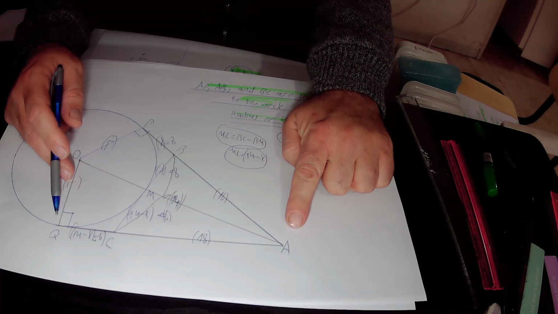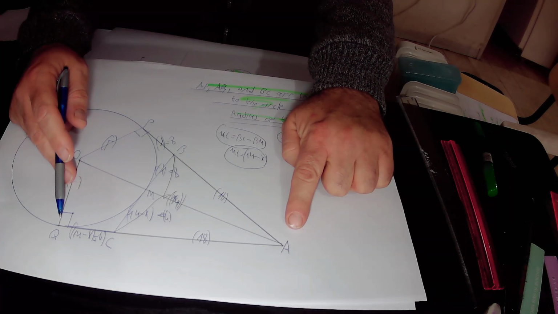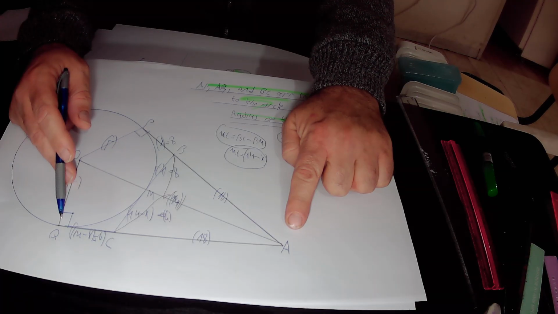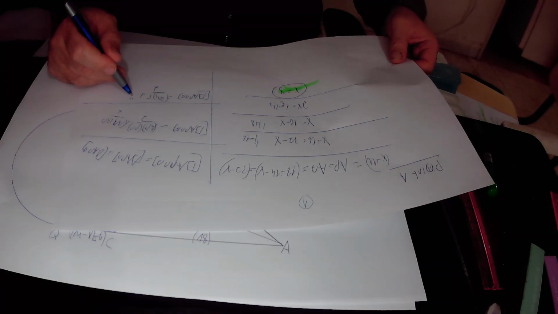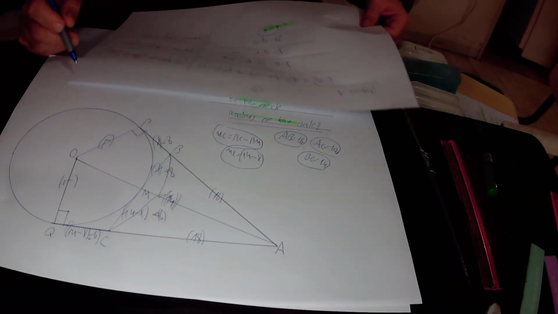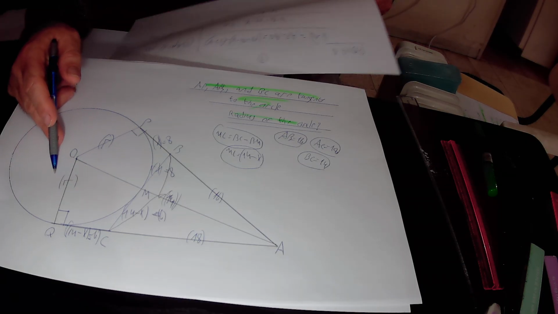AQ equals 16 plus 6, that is 24. Again, AQ total equals 16 plus 2 plus 6, that is 24. Times QO. QO is R over 2.